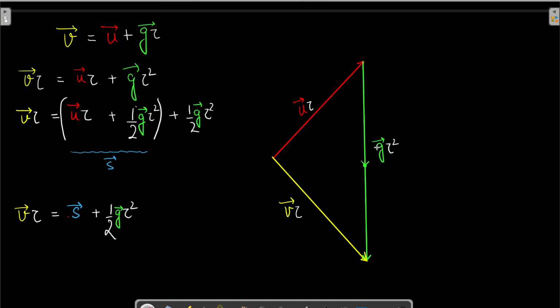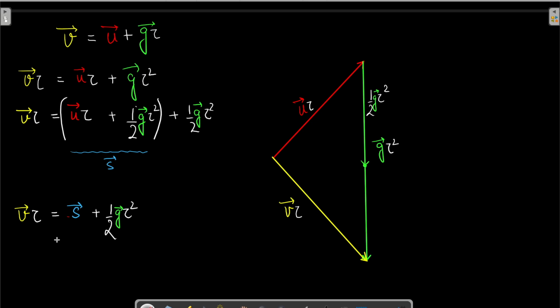So the whole g vector scaled by tau squared is now broken into two equal parts. Obviously, each one of them will be half g tau squared. I'll show you using the laser. This part is half g tau squared, and this part too.